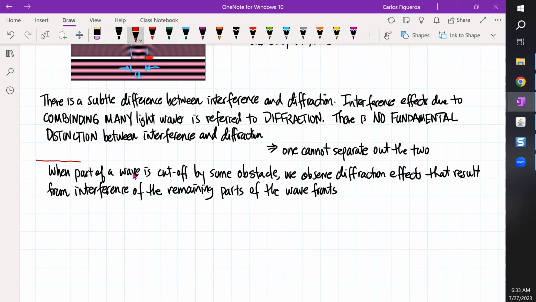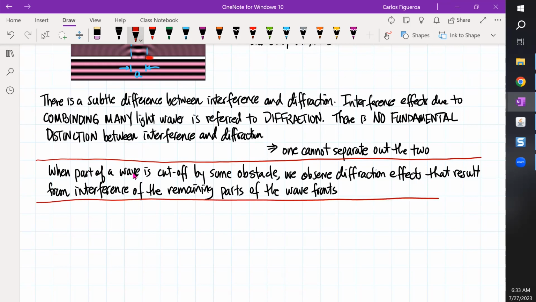And I think this is a more, ooh, that didn't come out very good. Let me try this again. This is a better way of thinking of diffraction as it hits an obstacle.